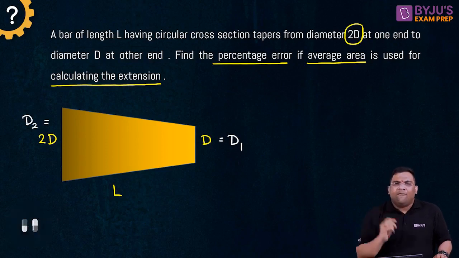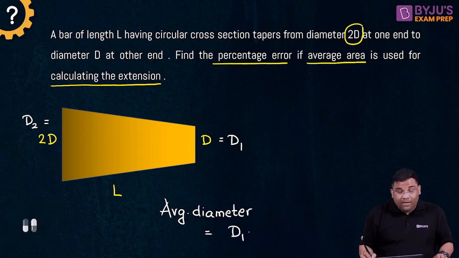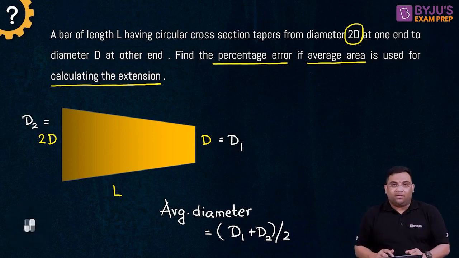So the average diameter will be D1 plus D2 by 2. They are asking you, if you consider the average diameter, what will be the error percentage?